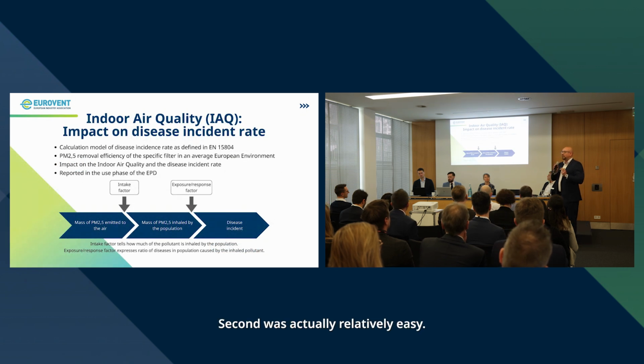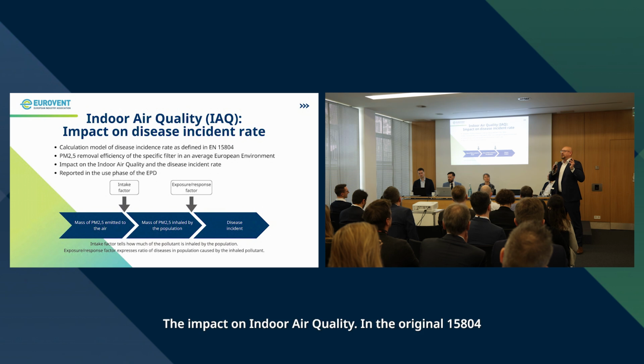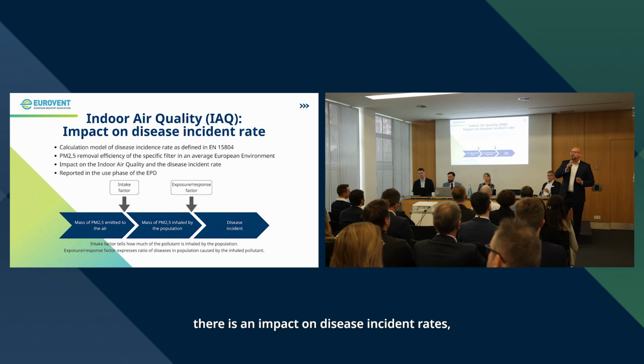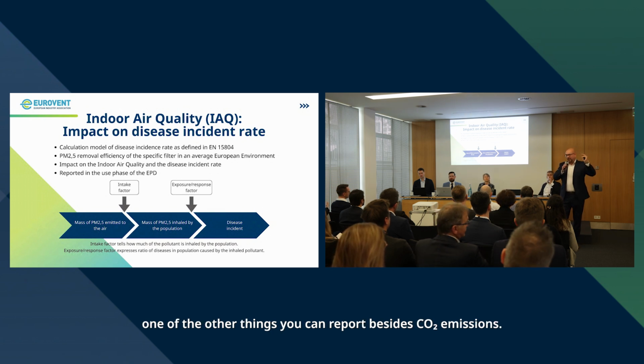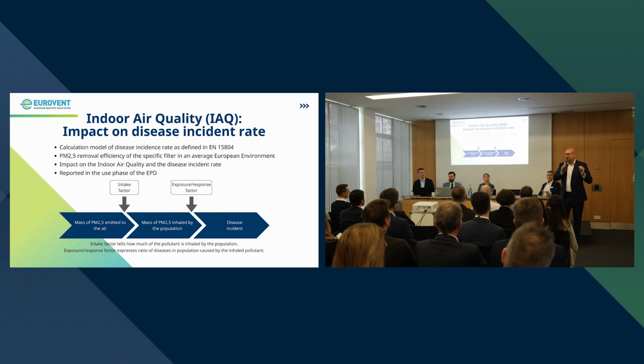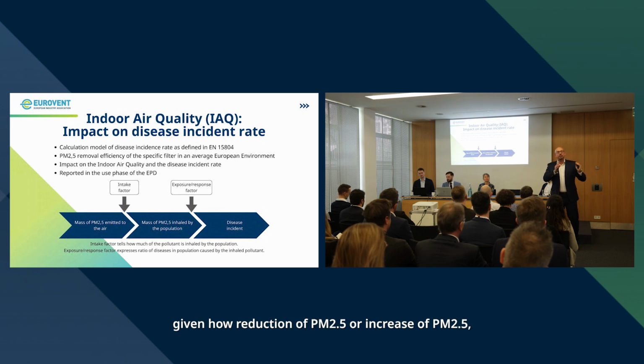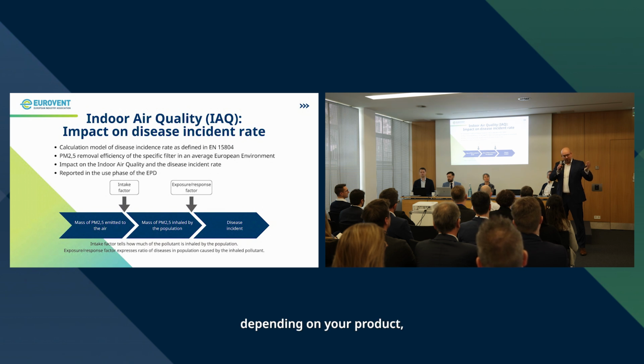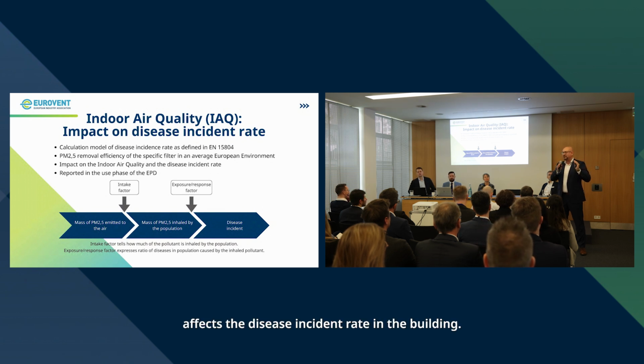Second was actually relatively easy, the impact on indoor air quality. In the original 15804, there is an impact on disease incident rates, one of the other things you can report besides CO2 emissions. And there is actually also a formula in the model given how reduction of PM2.5 or increase of PM2.5, depending on your product, affects the disease incidence rate in the building.